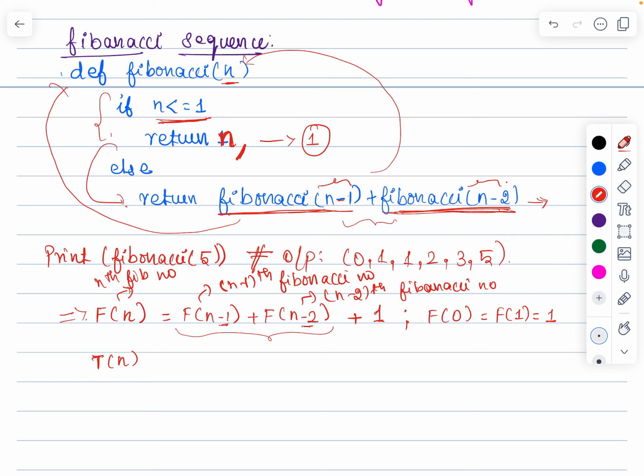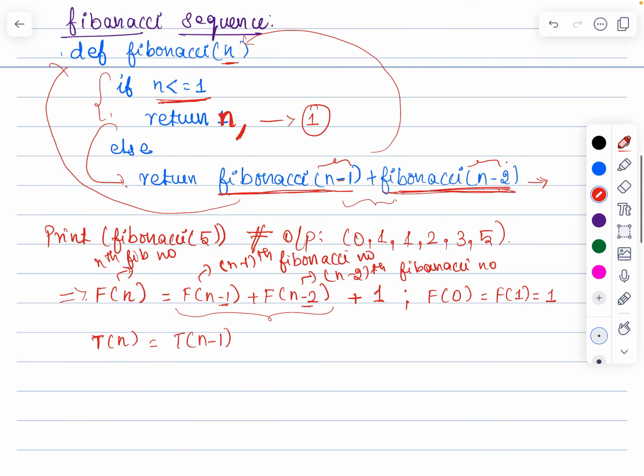So this can be written as f of n equal to f of n minus 1 plus f of n minus 2, otherwise t of n equal to t of n minus 1 plus t of n minus 2 plus 1, and the base case is t of 0 equals t of 1 equals 1.